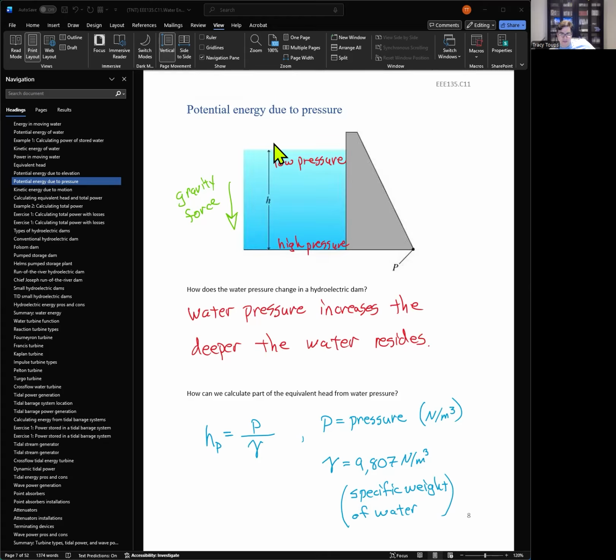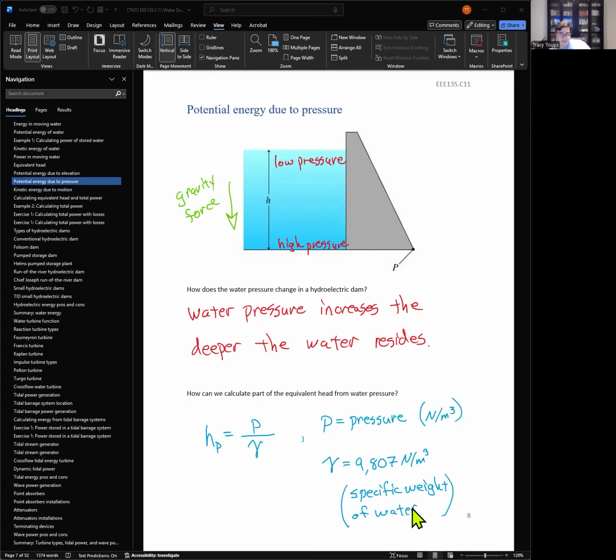How can we calculate the equivalent head from the water pressure? So the idea is, how can we make an equivalent? Equivalent just means placeholder variable to say how much kinetic energy changes based on the pressure. So we could calculate the pressure head: head equals the actual pressure exerted from the water divided by the specific weight of the water itself.